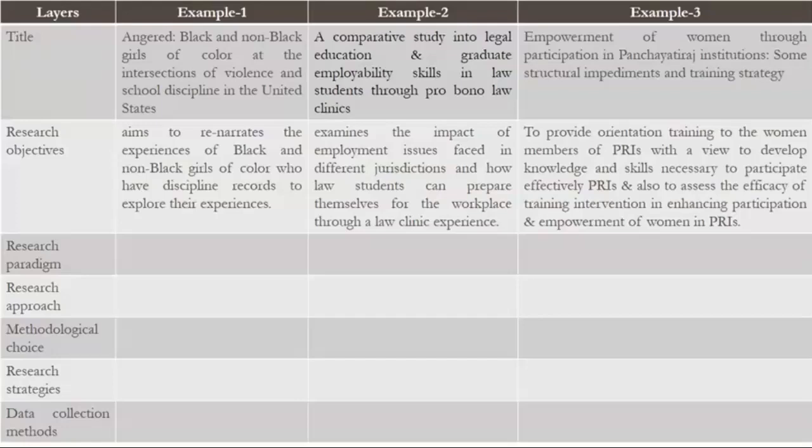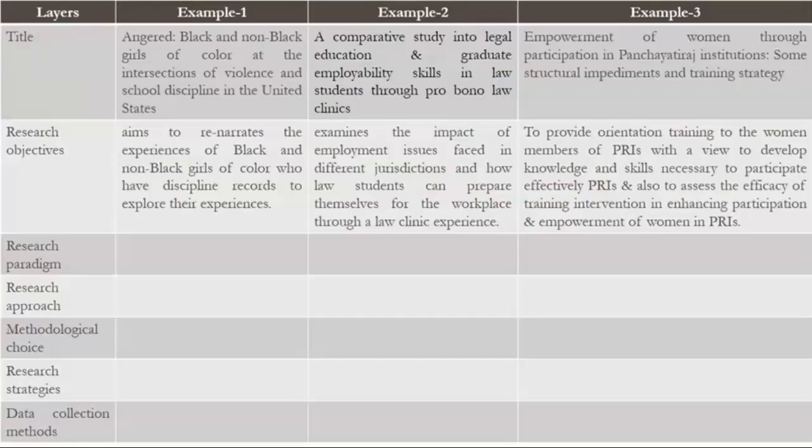Actually, it also says girls who have disciplinary records. So that's why I thought there is some element of quantitative also. Yes, now you are here. As I mentioned, disciplinary records. While I'm collecting the sample, I'm not going to collect all the respondents, all the Black girls and non-Black girls. I'm going to collect data based on my inclusion and exclusion criteria.